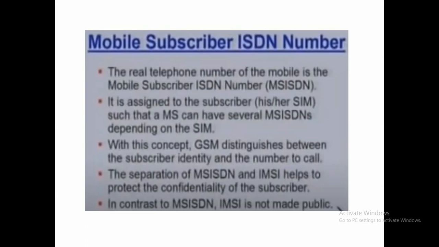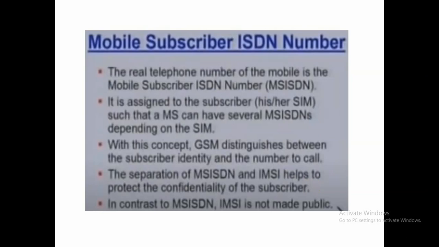With this concept, GSM distinguishes subscriber identity and number for calls. The separation of the Mobile Subscriber ISDN and the IMSI is not made public.